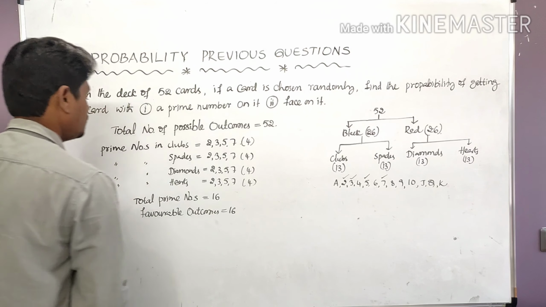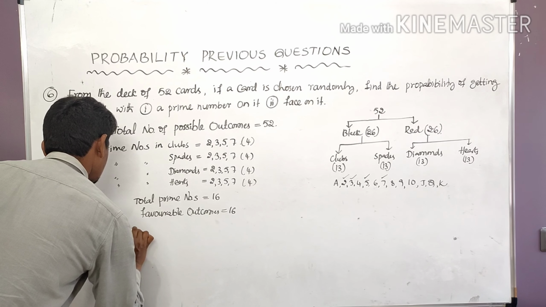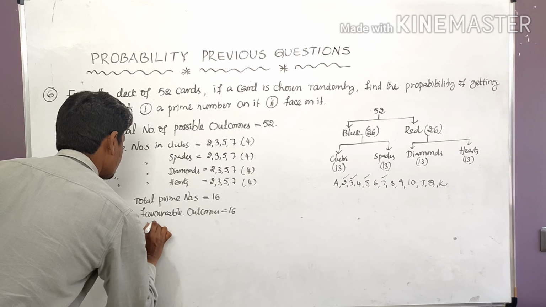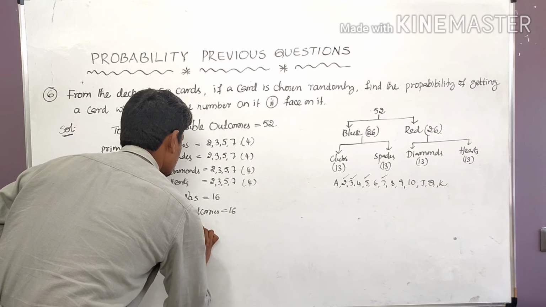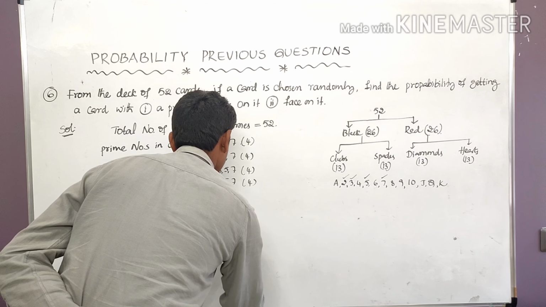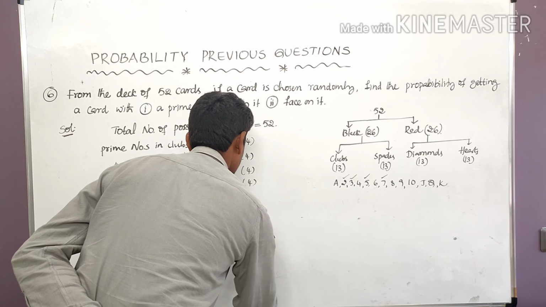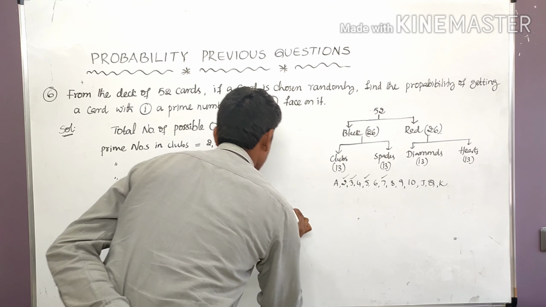Let E be the event of getting a prime number.